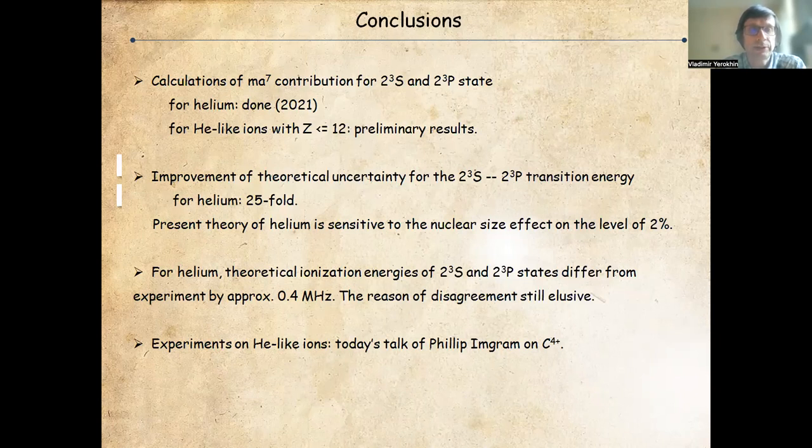Now we performed such calculation for helium-like ions, and we have preliminary results. These calculations allowed us to analyze the Z dependence of this correction, and we made some important cross-checks. So for helium, these calculations improved theoretical accuracy by about a factor of 25.